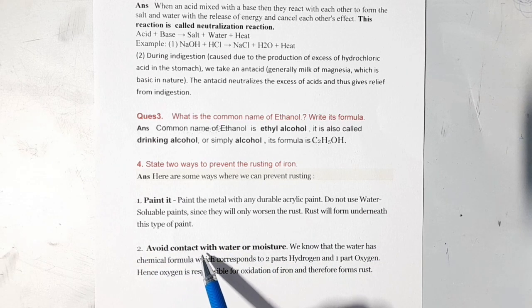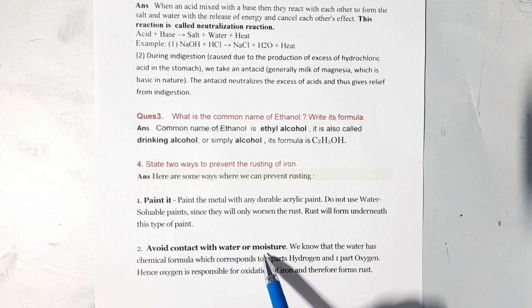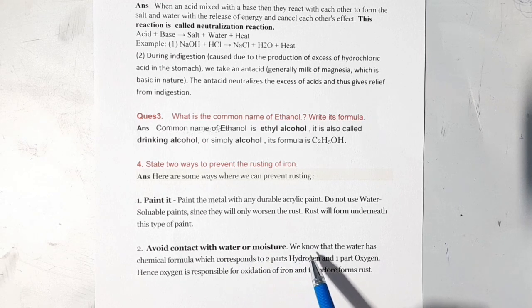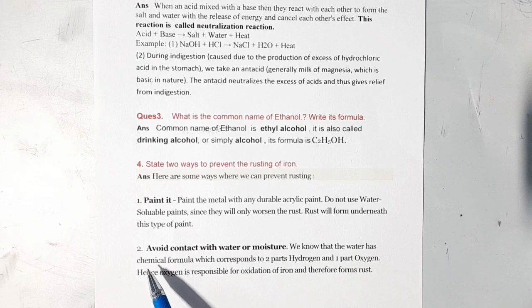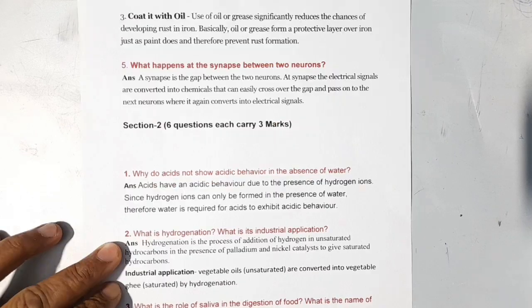Avoid contact with water or moisture. We know that water has a chemical formula which corresponds to 2 parts hydrogen and 1 part oxygen. Hence, oxygen is responsible for oxidation of iron and therefore forms rust.